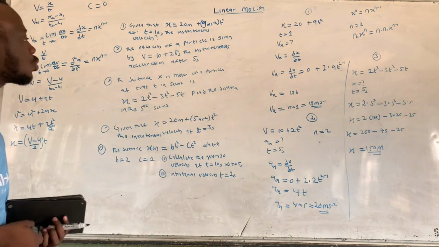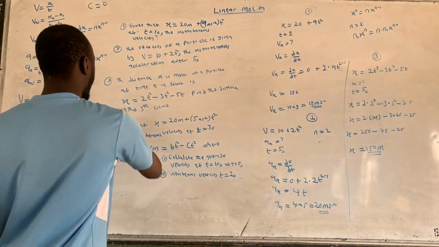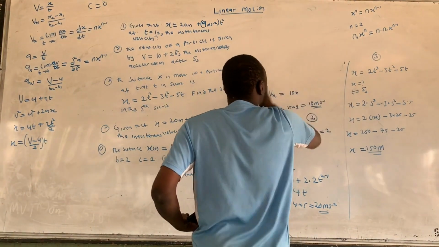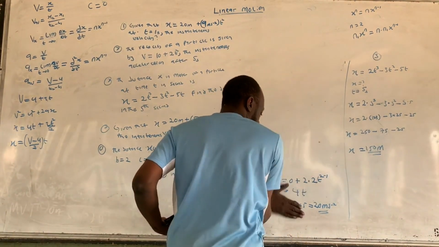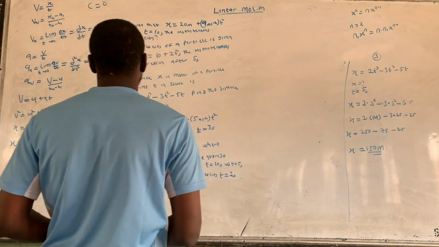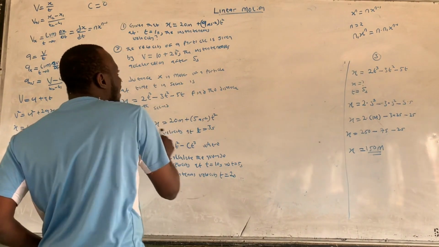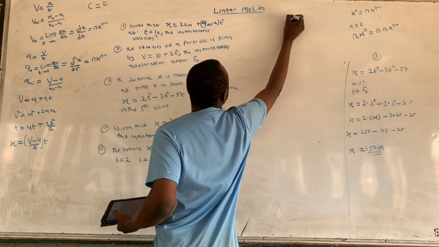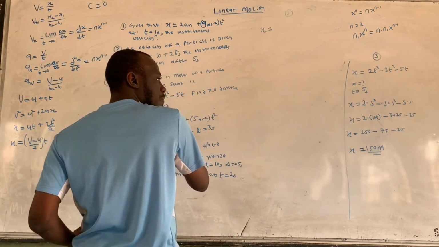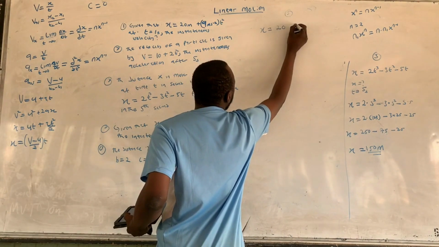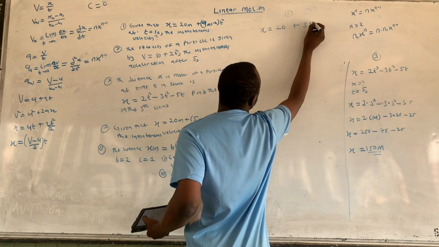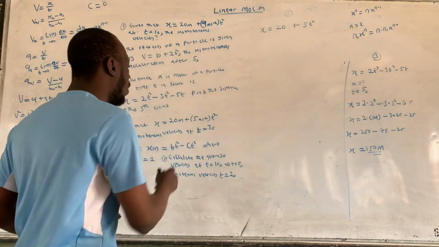So the last question here is given. The question said that given the distance x is given by 20 plus 5t squared.